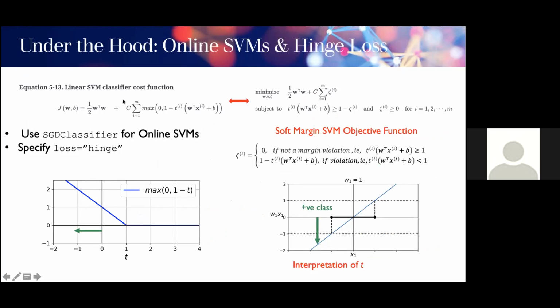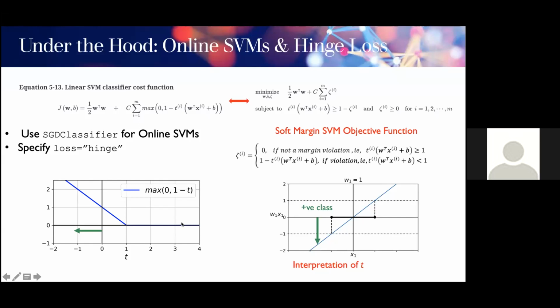But this is where the author finally introduces the SVM classifier cost function, the very last section, which is the same as the previous objective function the author has introduced as soft margin SVM objective function. So the hinge function looks as shown here. The geometric interpretation of this is that for every misclassification, which has a value of 1 or a negative number, you put a penalty.